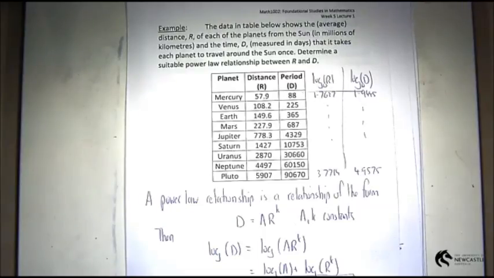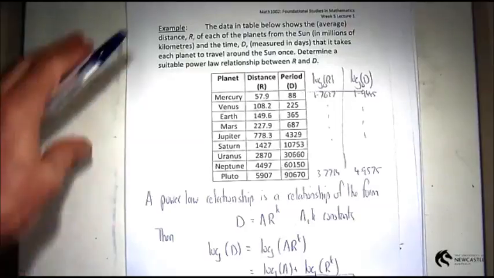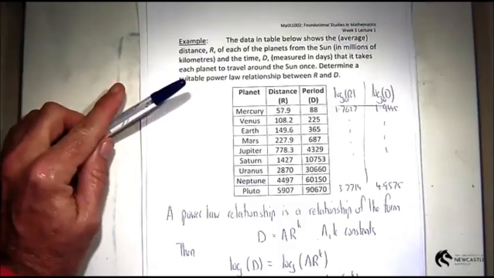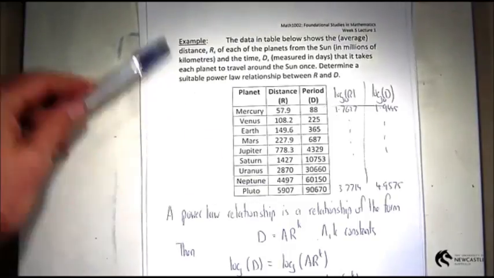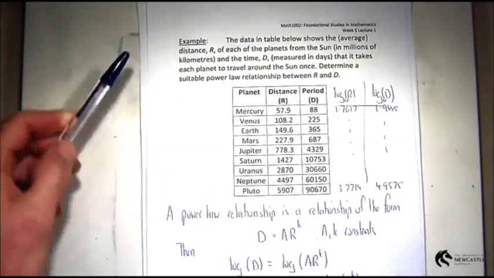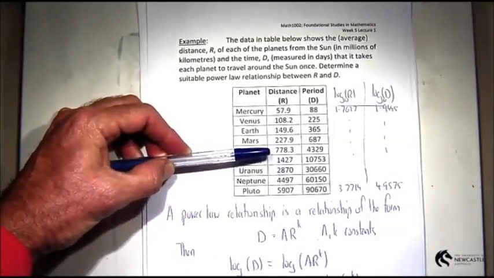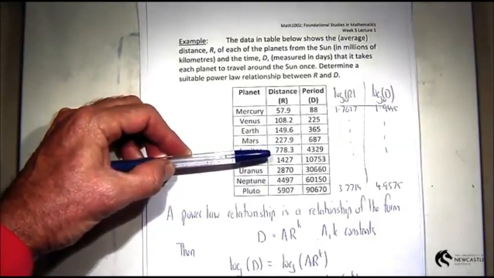And in fact, this 1.5, 3 on 2, it turns out that when Kepler, you've heard of Johann Kepler? When he was doing his astronomy, he actually worked out that power law relationship back in the 1600s.